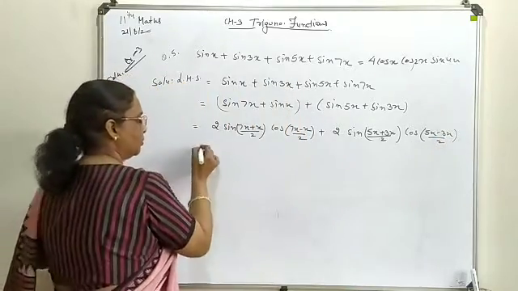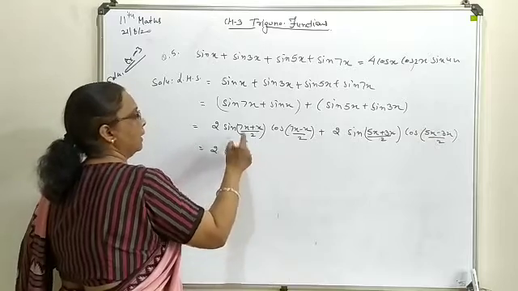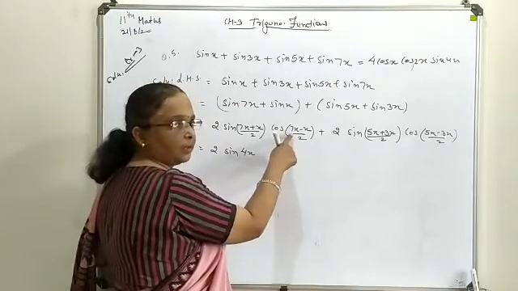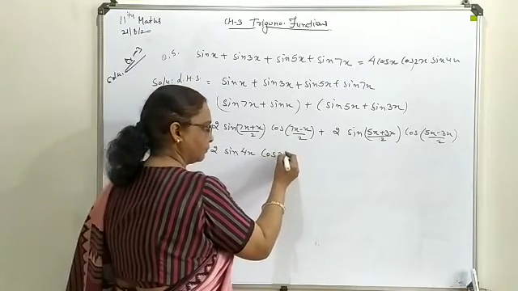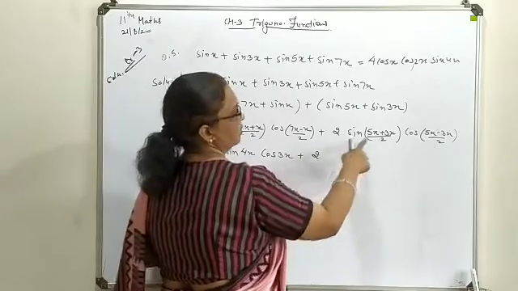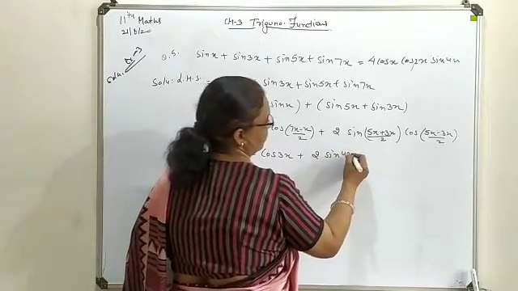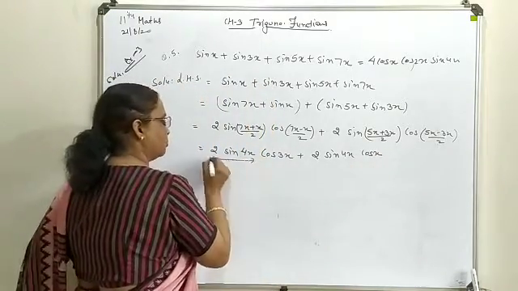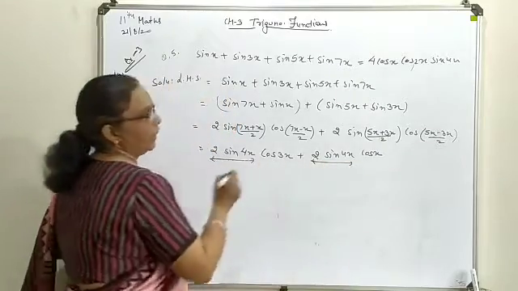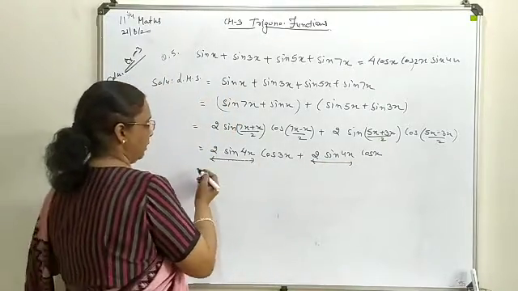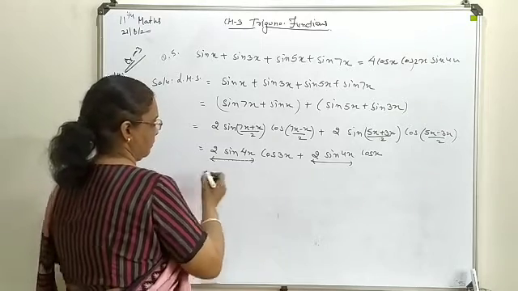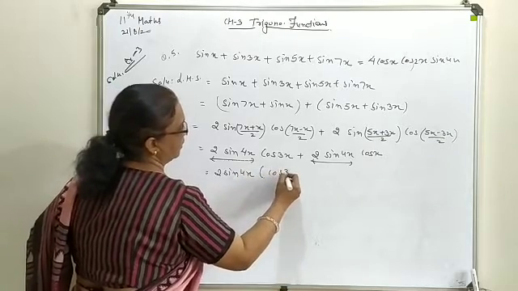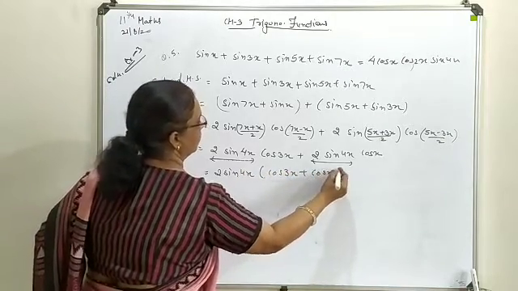Now sort them out. 2 sin 8x upon 2 means 4x. Here 6 upon 2 means 3x. Next it is 2 sin 4x cos x. Here it is very clear that you have 2 sin 4x common at these two positions. So this will give you 2 sin 4x, and inside the bracket it is cos 3x plus cos x.